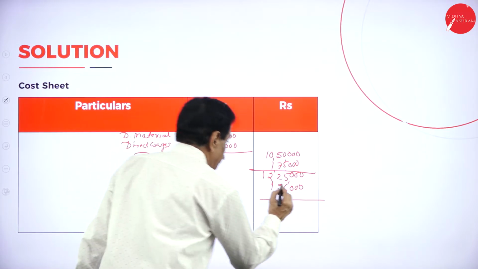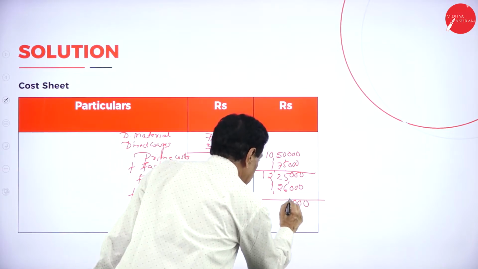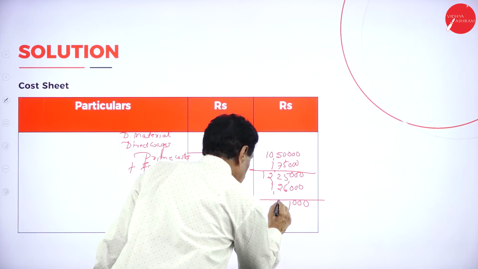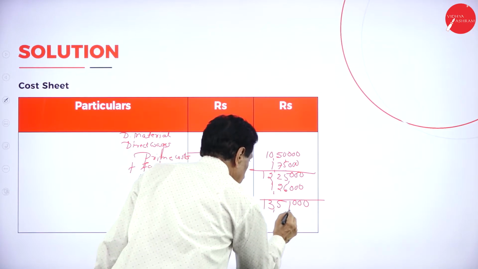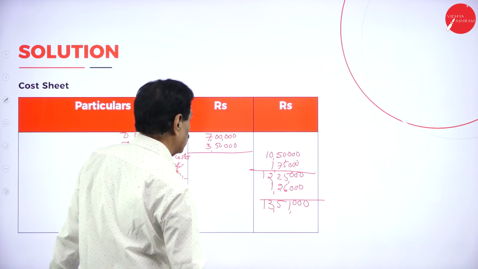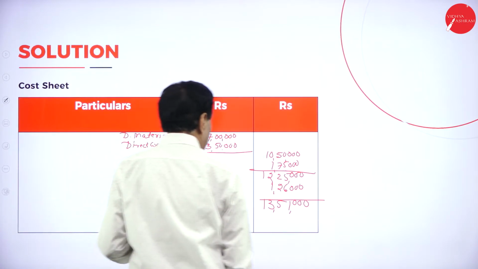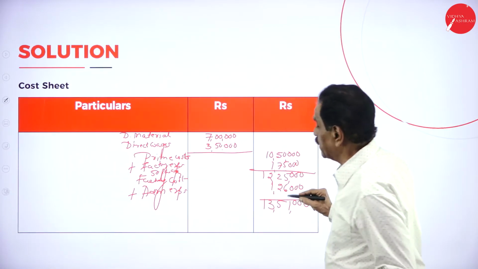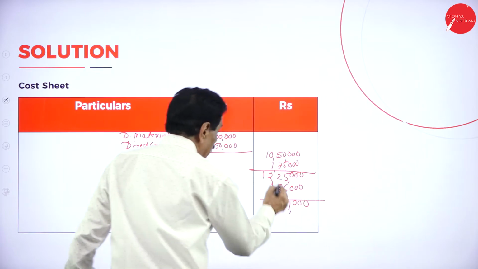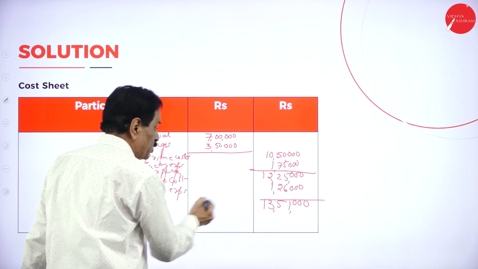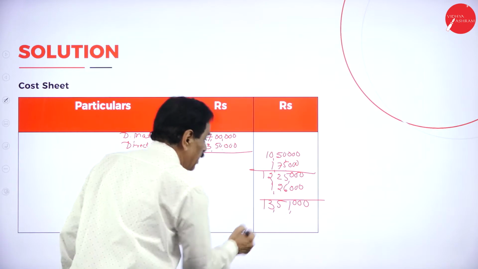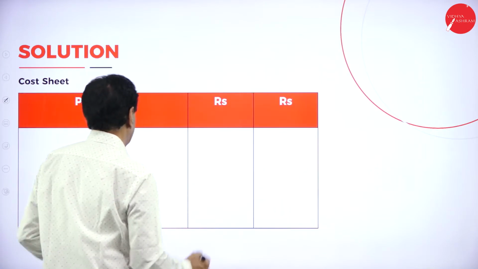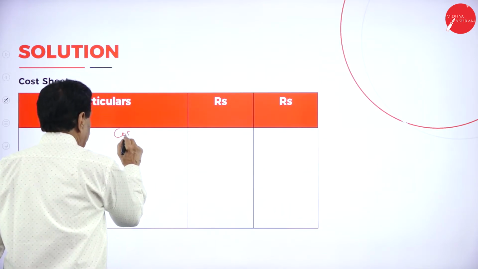Add the figure: 13,51,000. What is 13,51,000? Here 10,50,000 plus 1,75,000 is 12,25,000, plus 1,26,000 is 13,51,000. Cost of production.